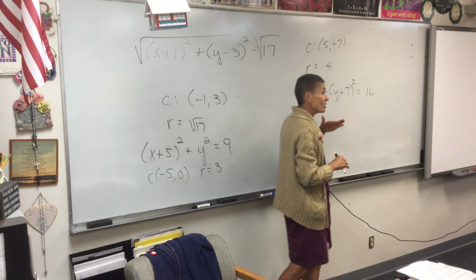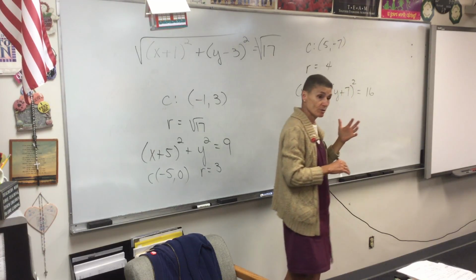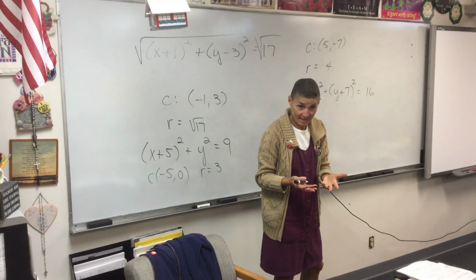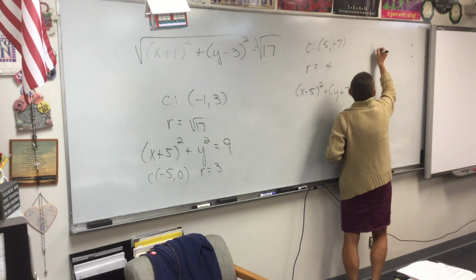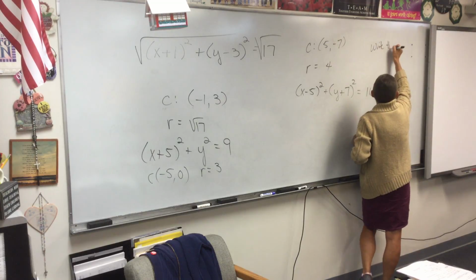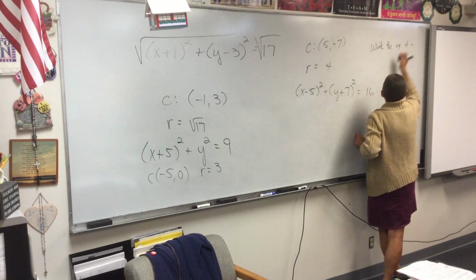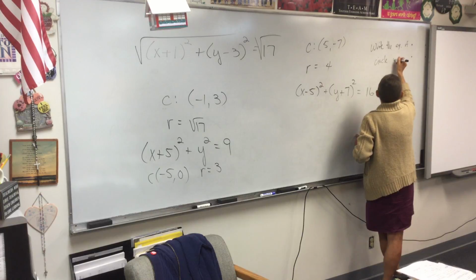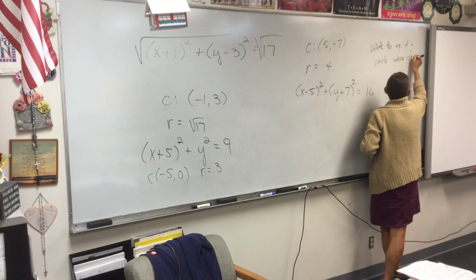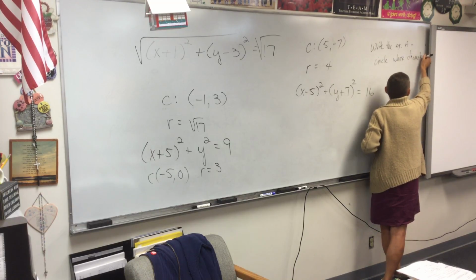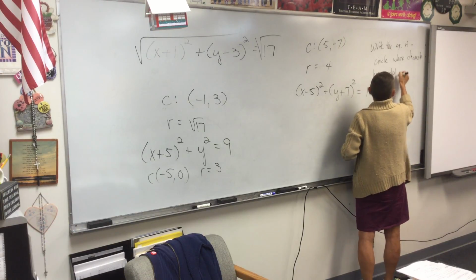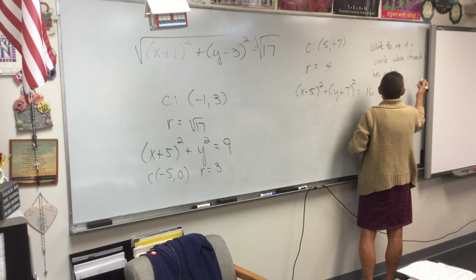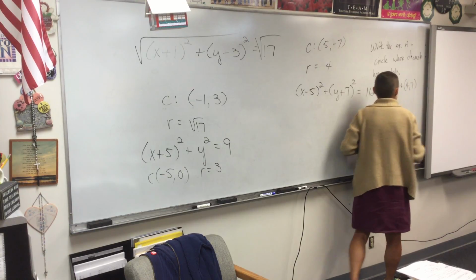Now, if I don't give you the center and the radius, you're going to have to find that, right? So here's an example of what I mean. Write the equation of the circle whose diameter, there's a vocabulary word, has endpoints -2, 5, and 4, 7.